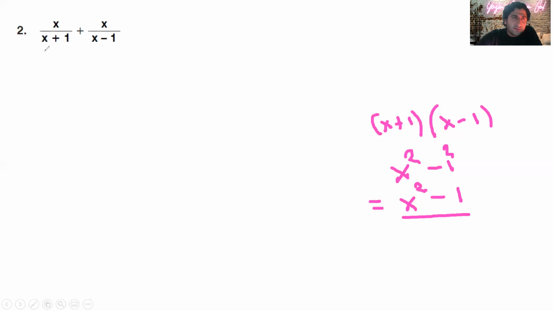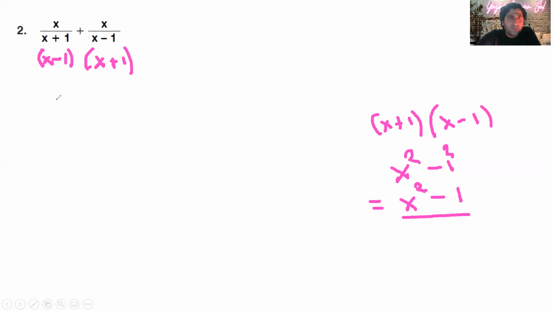By knowing that, let's do it. We're going to make the denominators equal. So I'm going to say x minus 1 times that, and here, x plus 1.